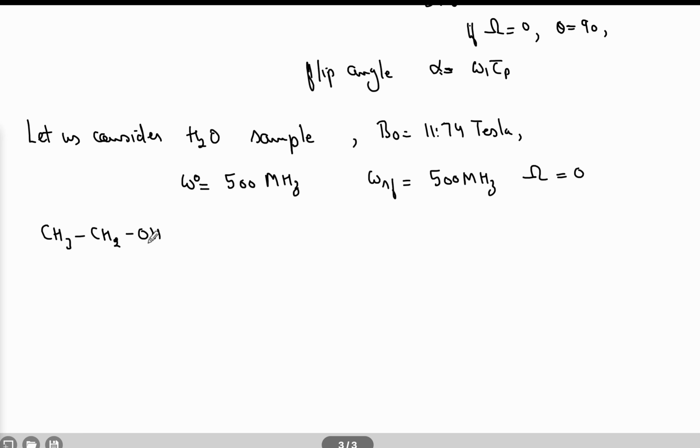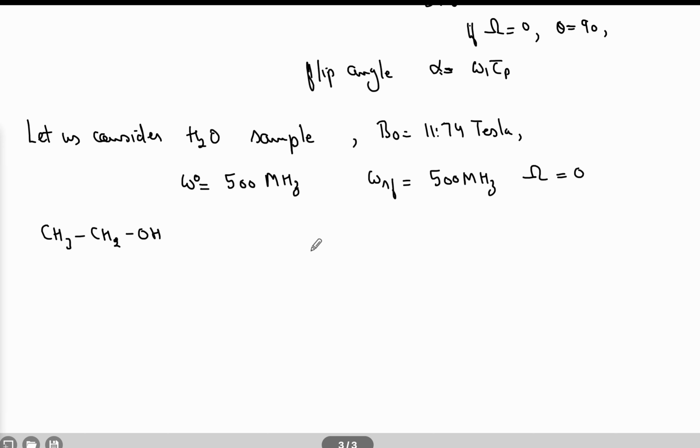If you see carefully, this particular proton is closest to the electron withdrawing atom, oxygen, whereas this proton is further away and the methyl protons are further away, right? So the electron pull by this oxygen on the different protons will be different, and that's why the electron densities will be different, right?